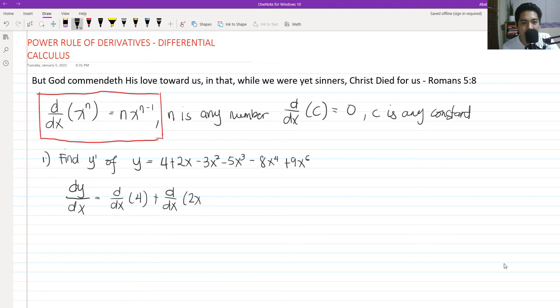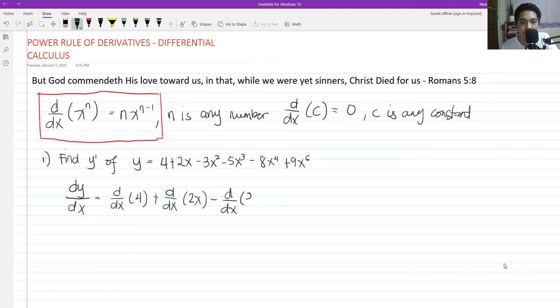So we have d all over dx here. We have 3x squared here. Let me just rewrite this.